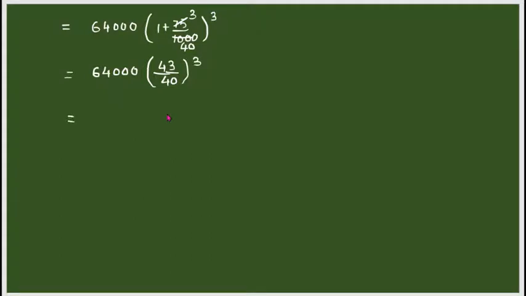So that implies 64,000 into the cube of 43 by 40, let us find, and it can be written as 43 by 40 multiplied by 43 upon 40 multiplied by 43 upon 40.